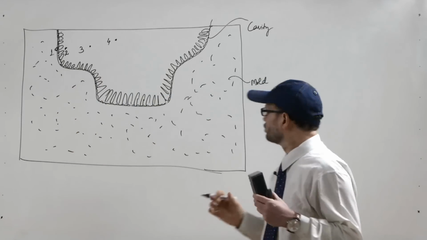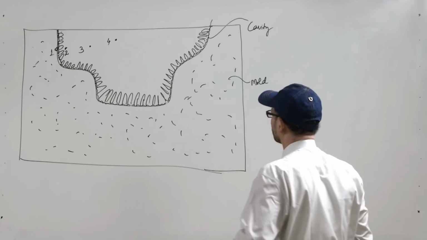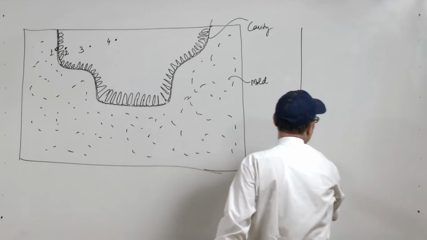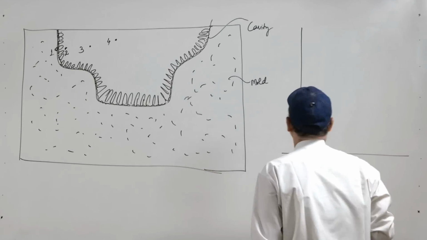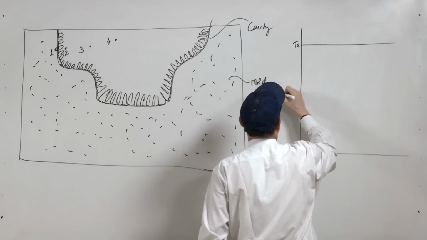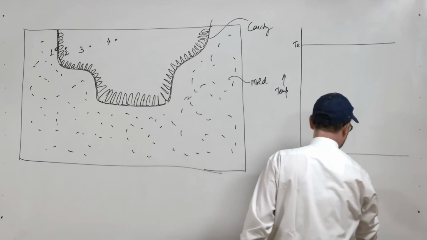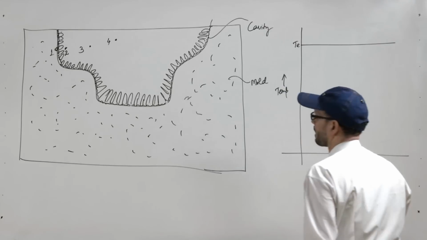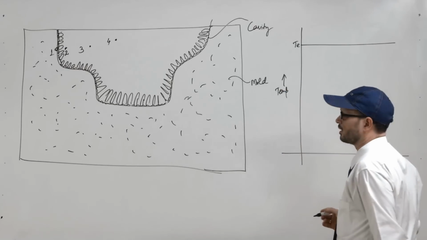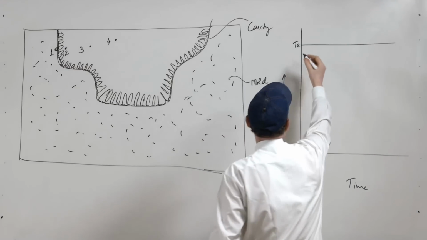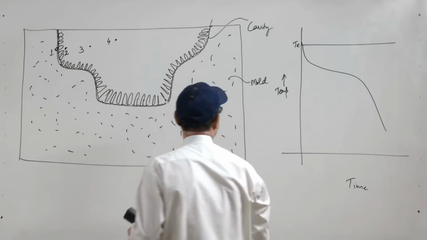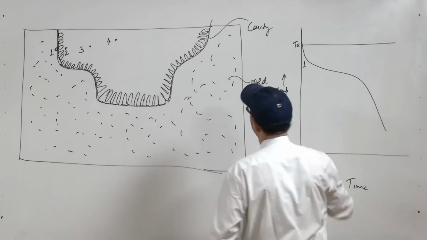If we try to draw the cooling curve of these points, and if this is the equilibrium temperature, what we see is that it is quickly solidified at point 1.